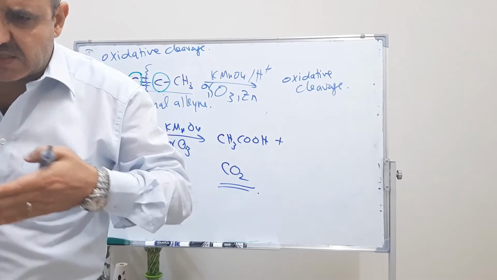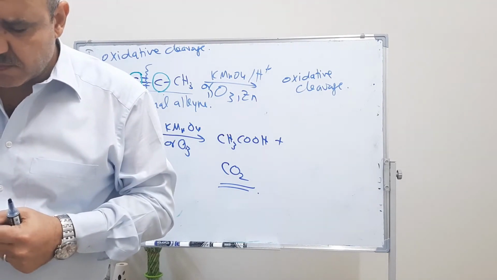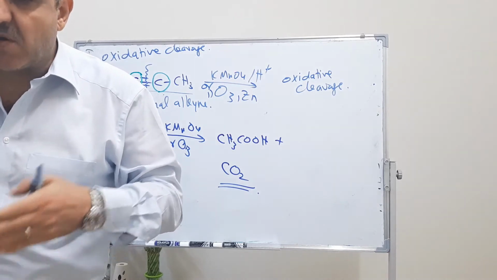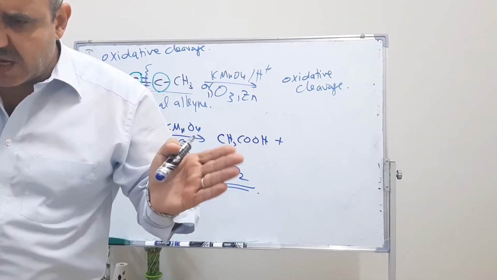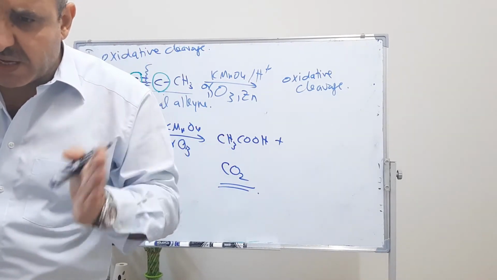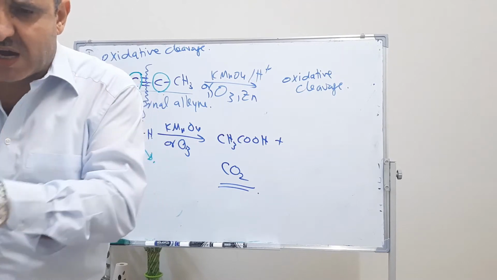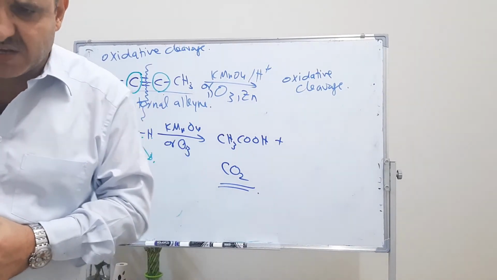We were saying this reaction is called oxidative cleavage, right? What's the meaning of oxidative cleavage? It means, in the alkene case, the carbon double bond carbon will be breaking up and the two carbons will be oxidized. That's actually the meaning of oxidative cleavage.